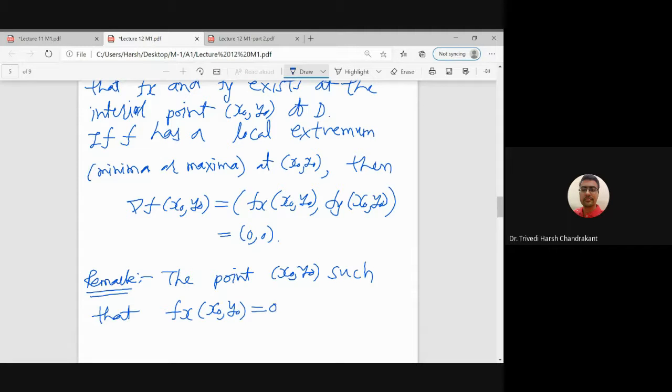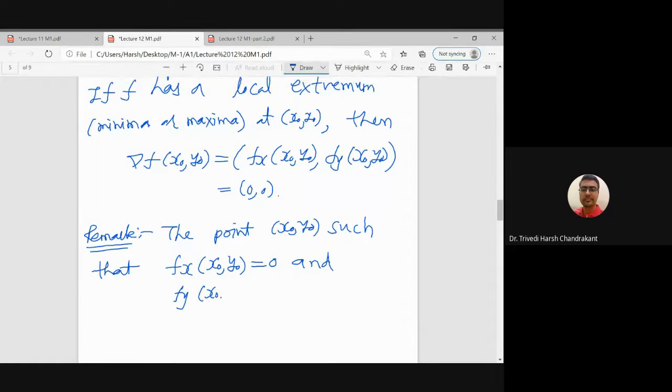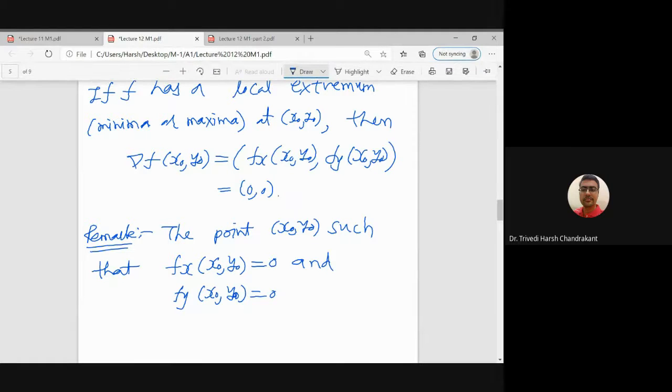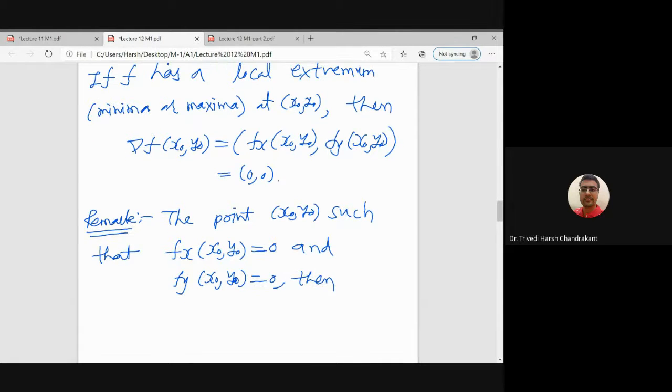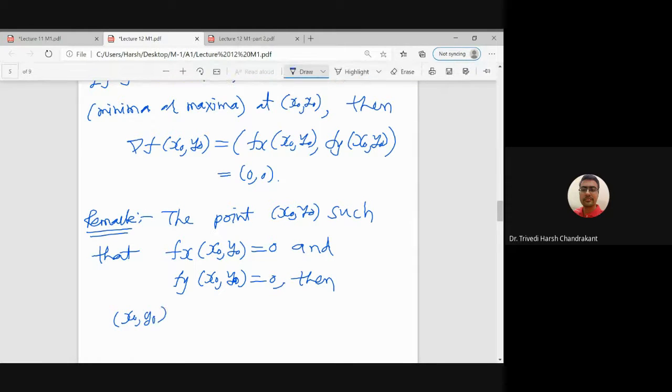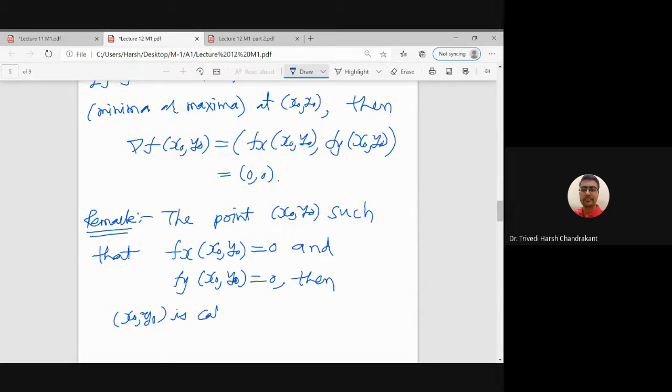So fx at x naught, y naught is 0 and fy at x naught, y naught is 0. Then we say that it is called a critical or stationary point.